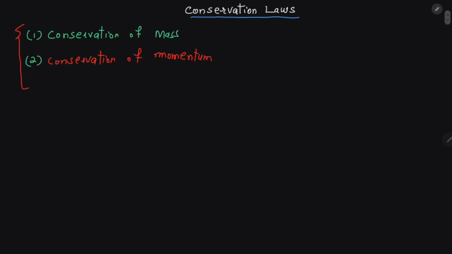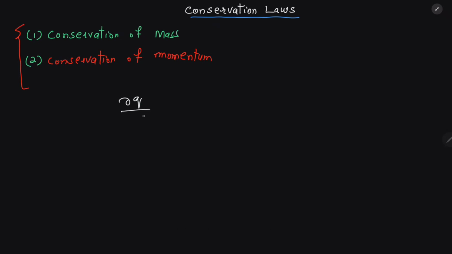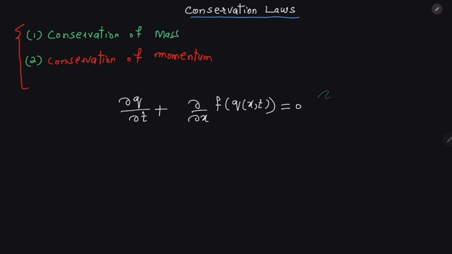And we will see in future that when we write an equation like this, partial q by partial t plus partial by partial x of f(q, x, t) equals zero, then that form is called the conservation law.